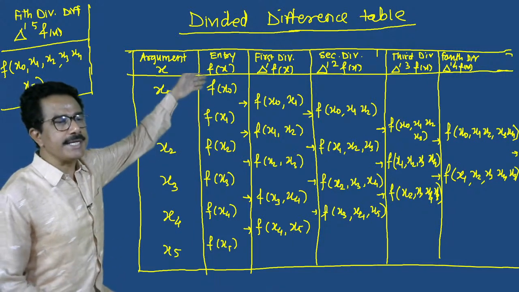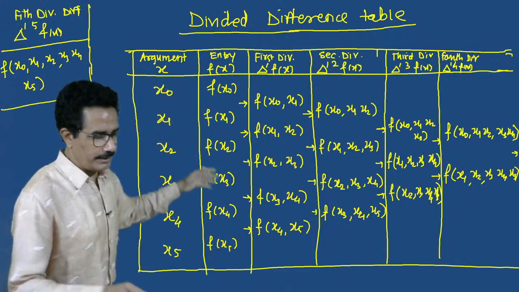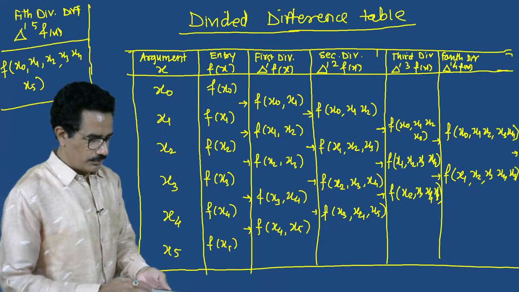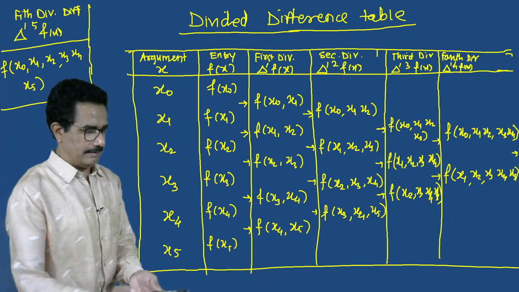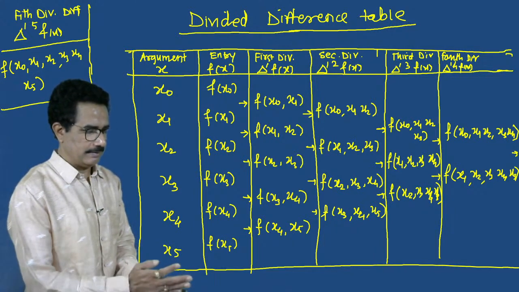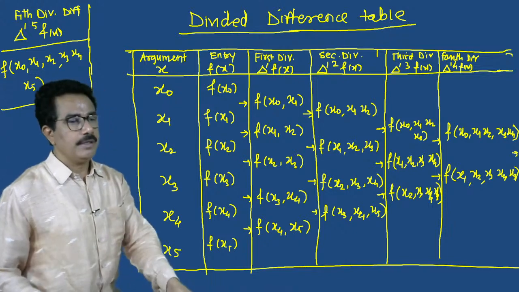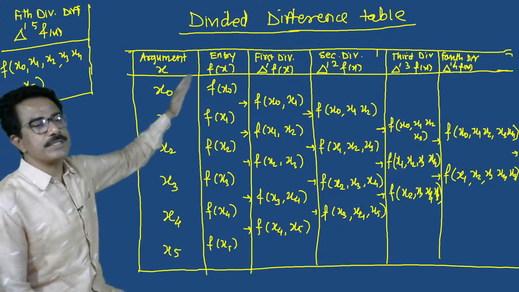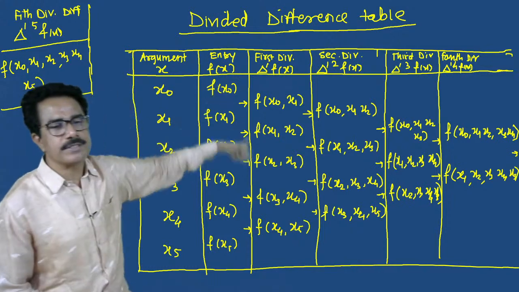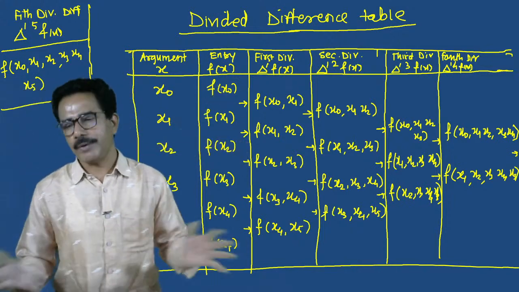Their corresponding entries are f of x0, f of x1 and so on. So we can obtain the first divided difference, second divided difference, third divided difference in this way.